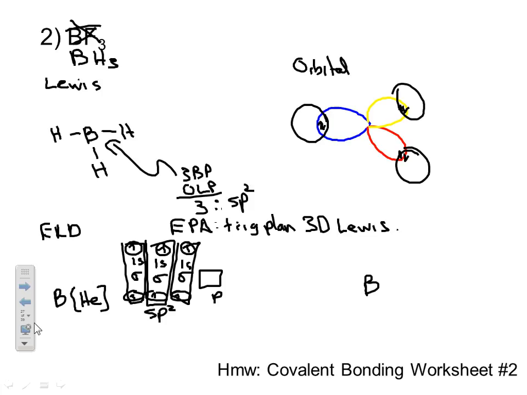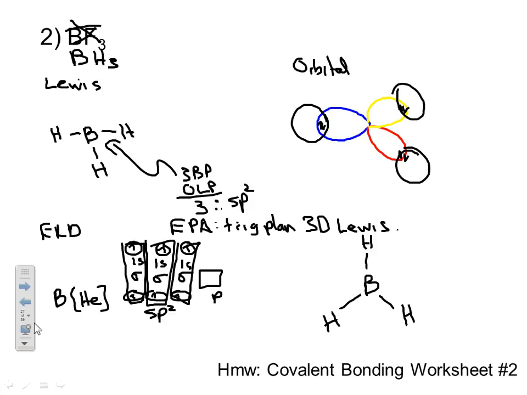You can think of it like being 360 degrees, but I've got to divide it into thirds. So 360 divided by 3 is 120, right? That's how you get the angles in an equilateral triangle as well. So I've got to have one up here, and then I want to do my best to have one down there off that side and one down there on that side, and that is indicating the trigonal planar shape, okay?